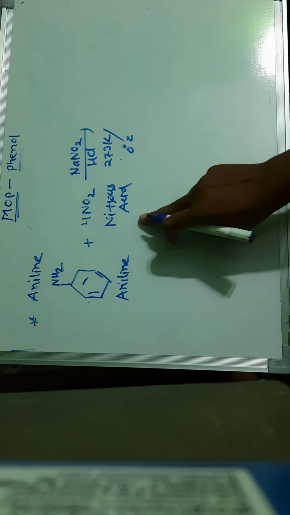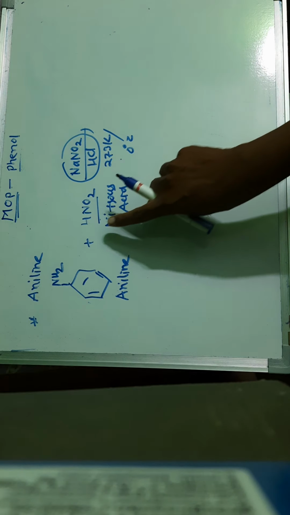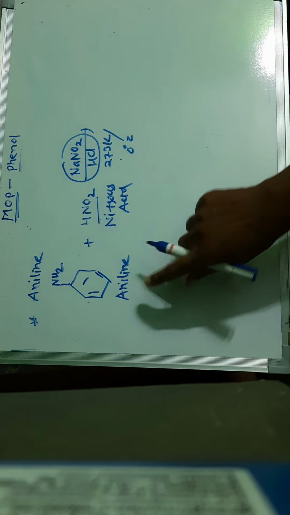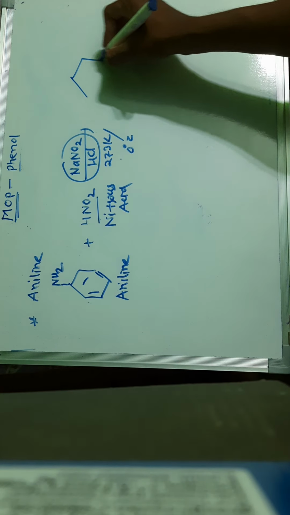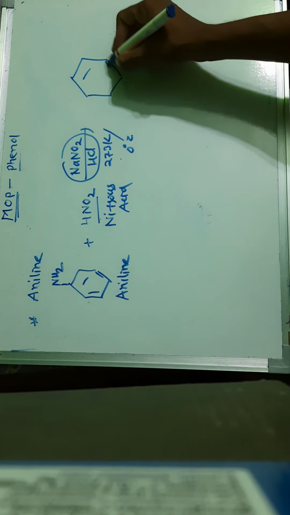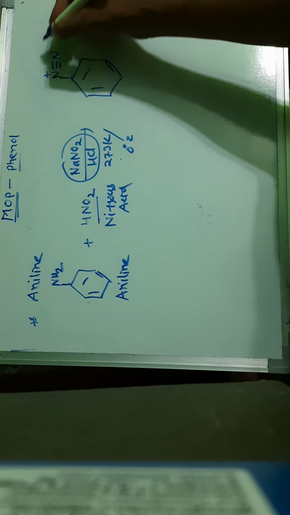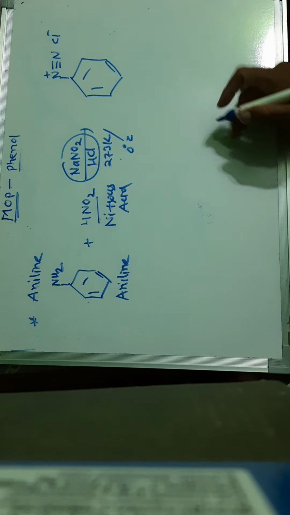When aniline reacts with nitrous acid, prepared using NaNO2 and HCl, we get the intermediate product, that is the diazonium salt, N triple bond N positive and Cl negative.